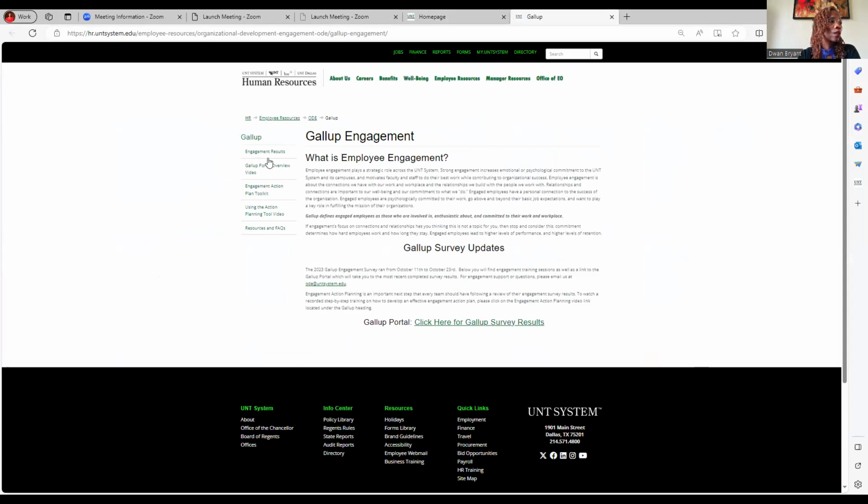As you can see under our Gallup menu, you're able to access the engagement results where you can understand each question. The Gallup portal overview that I mentioned during the presentation is where you will be able to understand your results, the roll-up, how to create a heat map, and the engagement action plan toolkit.